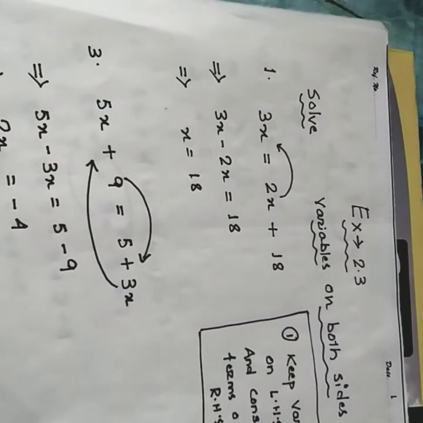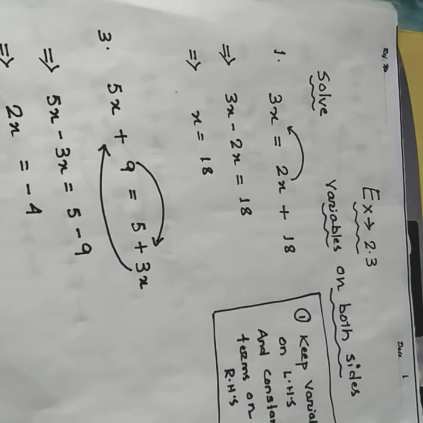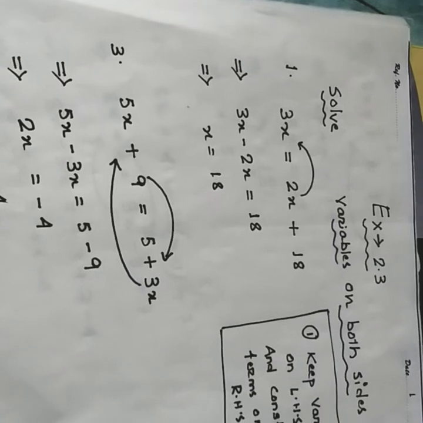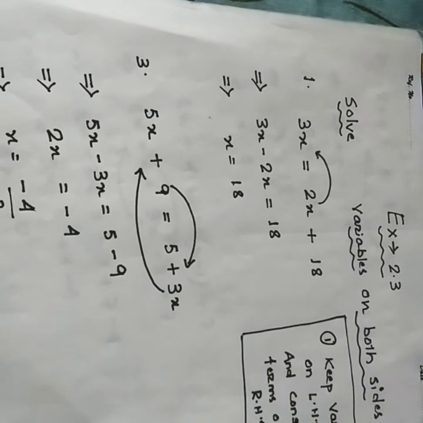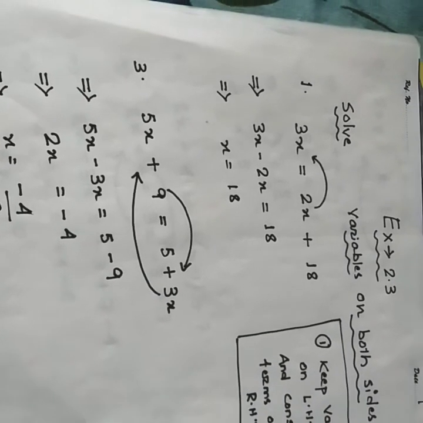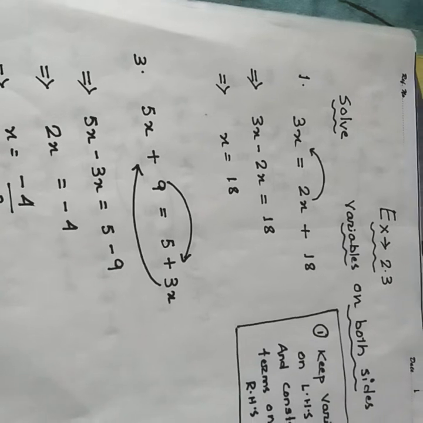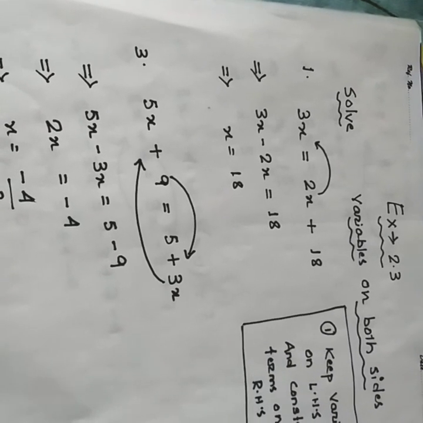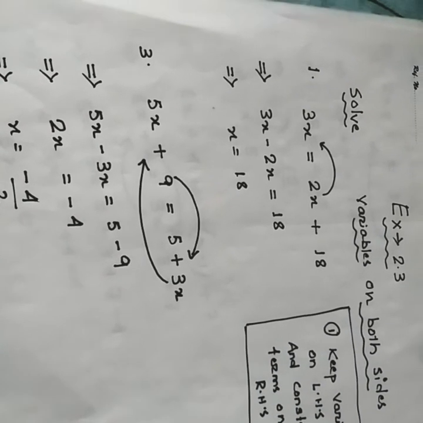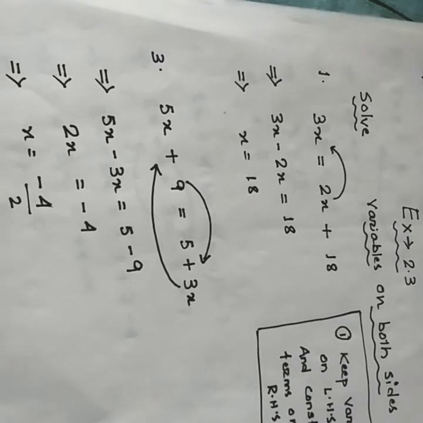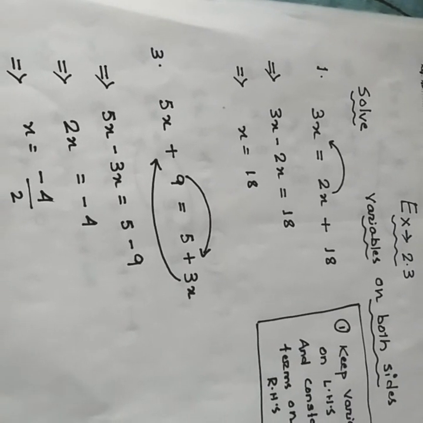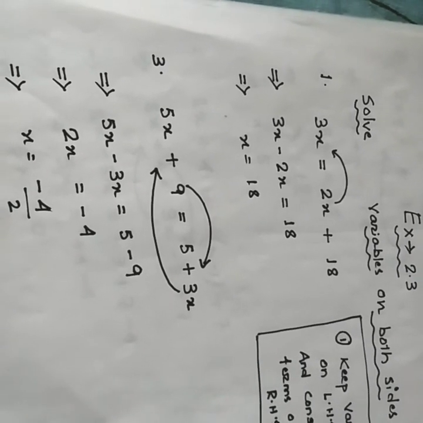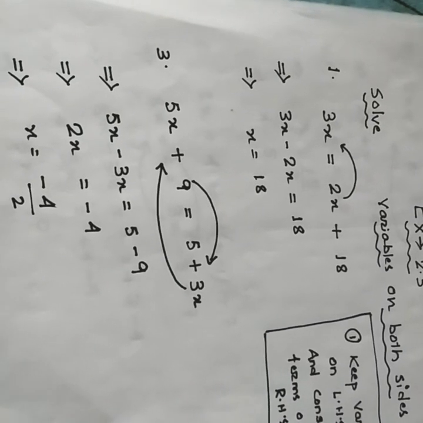Now, in exercise number 2.3 there are altogether 10 sums. In this video I have solved 4 sums. So your homework is that you will solve sum number 1, 2, 3, 4, 5 and 6. No one will proceed more than 6, because the explanation of 7, 8, 9 and 10 I will be giving you tomorrow.